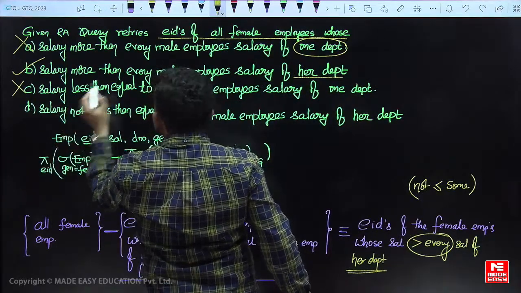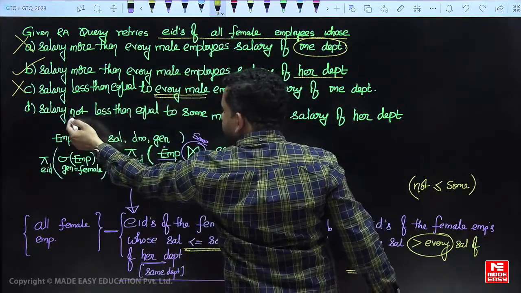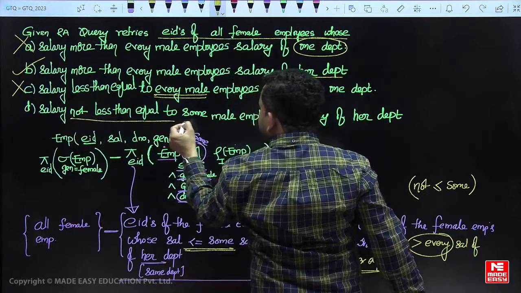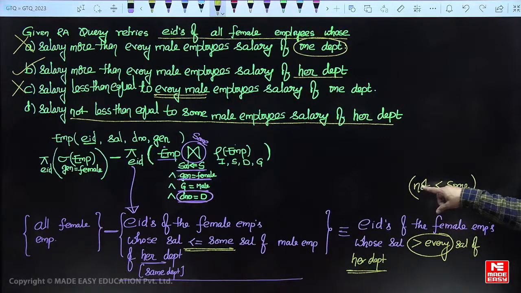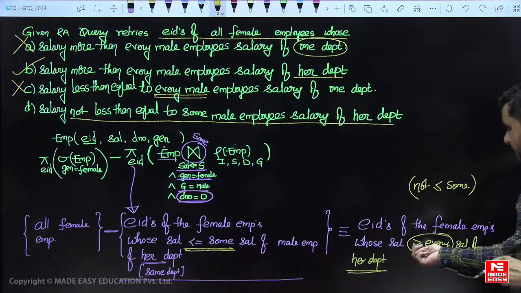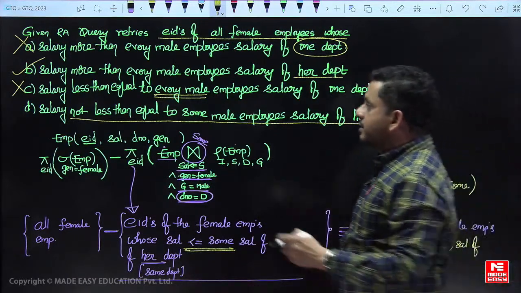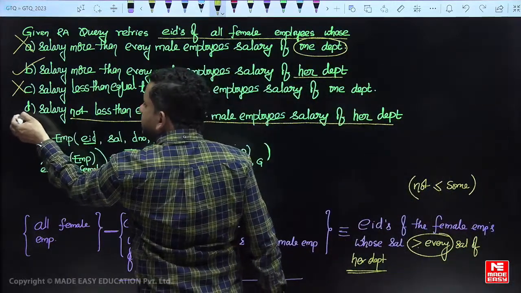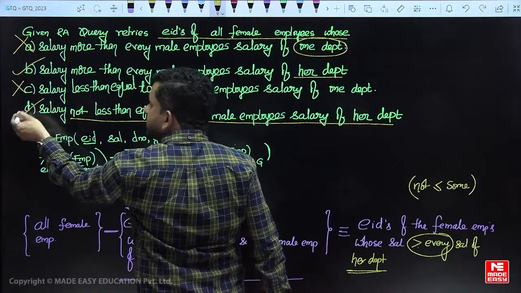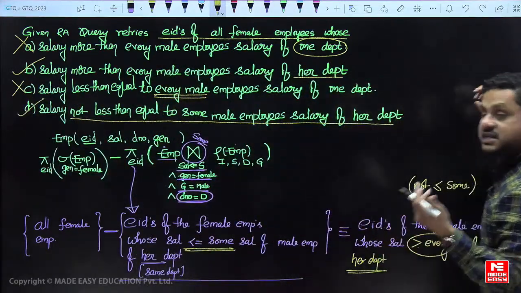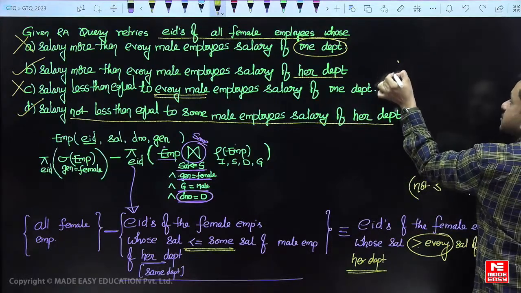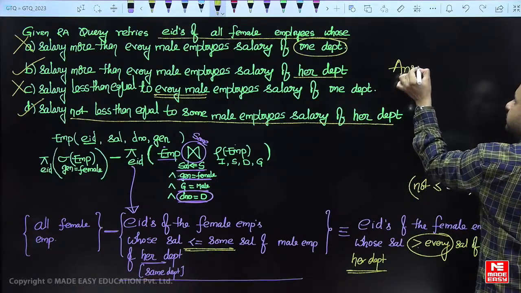Female employee IDs whose salary is not less than or equal to some male employee salary of her department, or greater than every salary of their own department: according to set theory, these two statements are equal. So B and D are equal statements, both mean the same. So the answer to this question is BD.